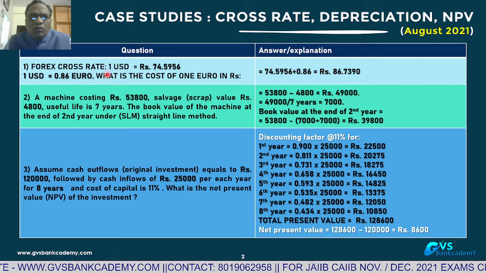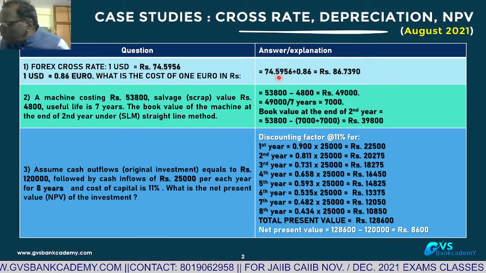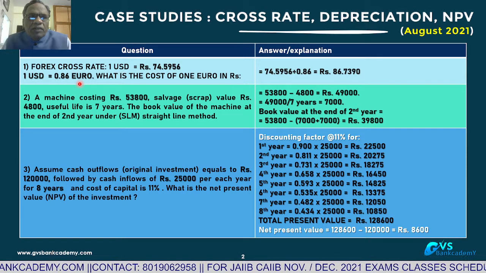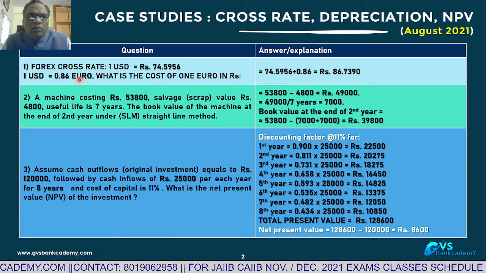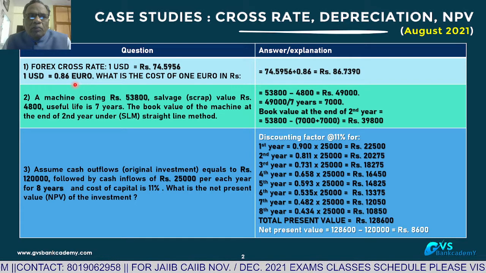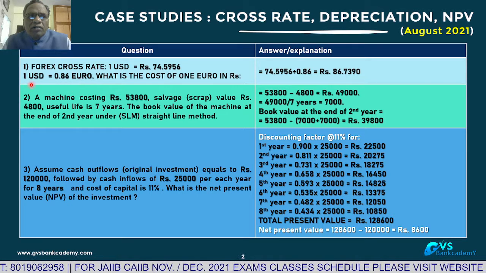$1 is equal to 74.5956 rupees. Here the dollar is cheaper than the euro. The euro is costly. So for 1 euro you have to pay more than 74.5956 rupees. Here the euro is costlier than the dollar.